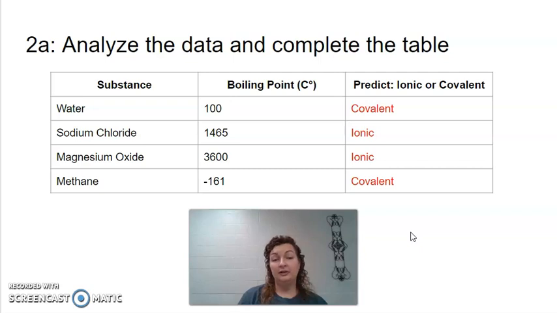Now, if you really wanted to know a concrete answer, you could look these up, right? You could look up water, H2O. You can see that H, hydrogen, and O, oxygen, are both nonmetals. So it definitely is a covalent bond, right? So we could look this up for real if we wanted to, or we could just make a prediction based off of our knowledge that we just learned.